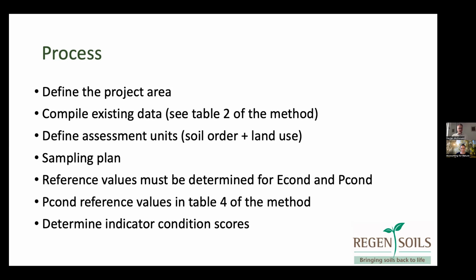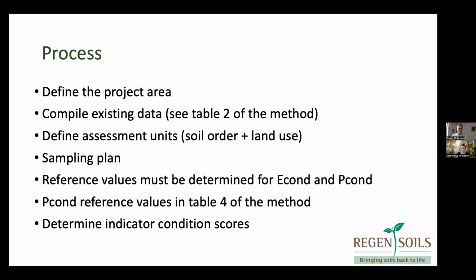We want to define the assessment units, and the assessment units are defined by soil type and land use, soil order and land use. We then want to develop a sampling plan. We need to determine reference values for both the ECOND and the PCOND, and the PCOND reference values are shown, and I'll talk about those a little bit more as we go through.